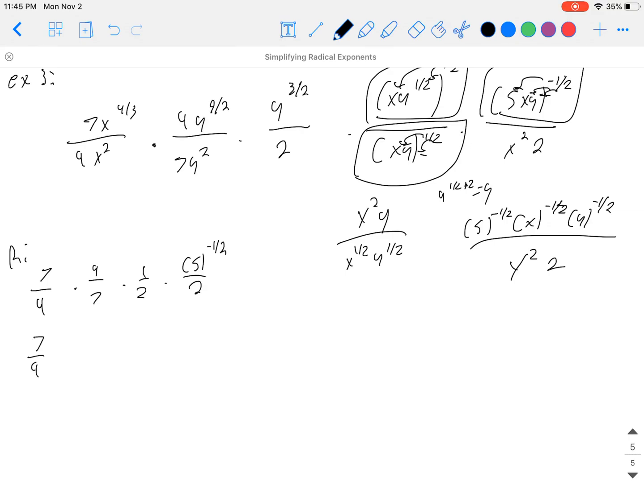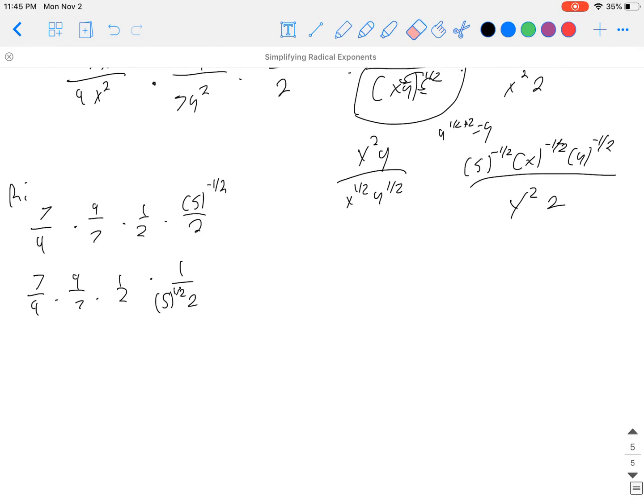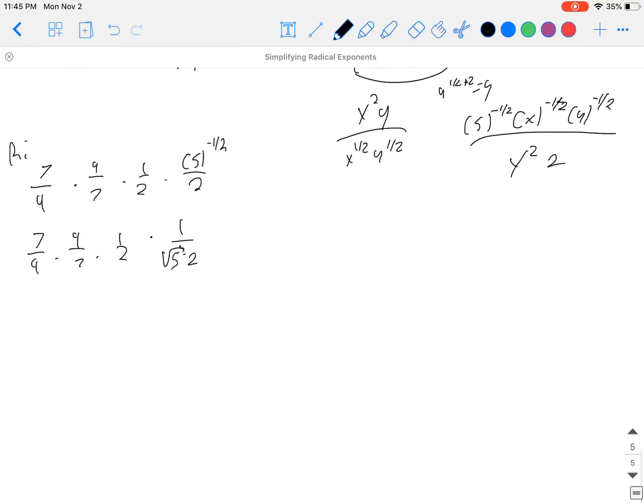This will give us 7 over 4 times 4 over 7 times 1/2 times 1 over 5 to the 1/2 times 2. 5 to the 1/2 is equivalent to the square root of 5. Alright, now if we multiply this all out, we can cancel these 7s, cancel these 4s, giving us 1 over 4 square root of 5 as the simplified real numbers.